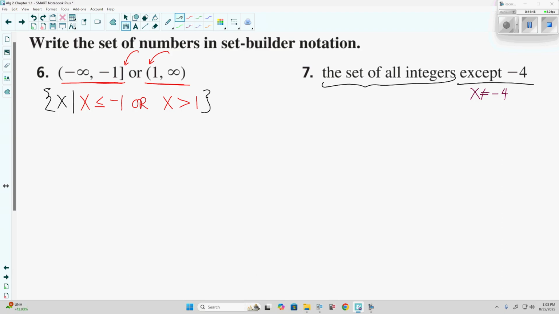Okay. Brace x. Well, x is a part of the integers, so we can say brace x, element of the integers. X is an element of the integers such that x is not equal to -4.